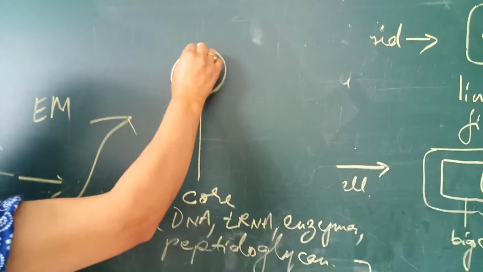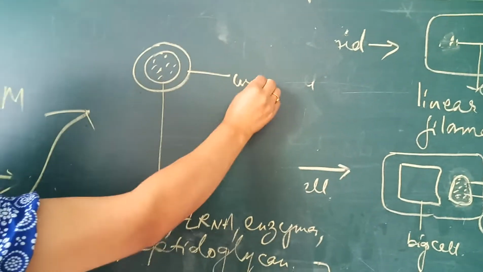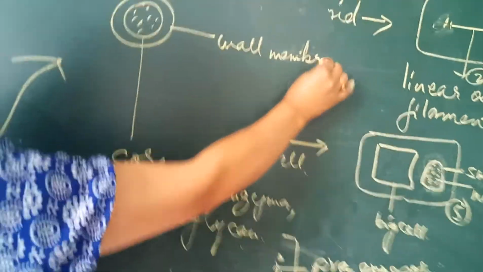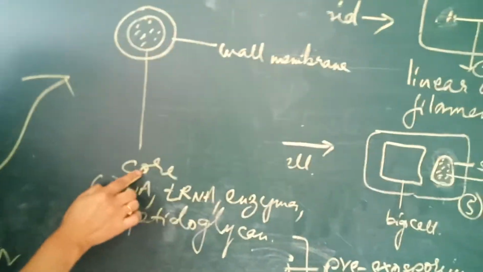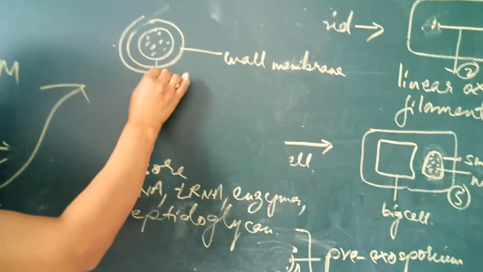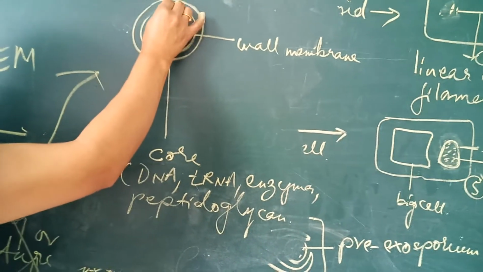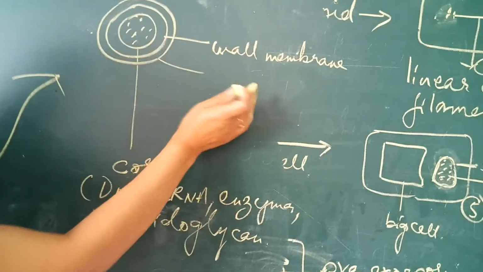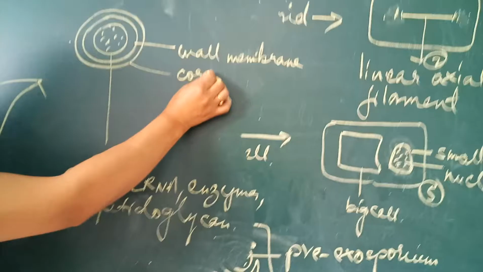Alright. Surrounding this core, there is a wall. That is called the wall membrane. It protects the core. Then next to the core membrane, okay, is the core membrane.